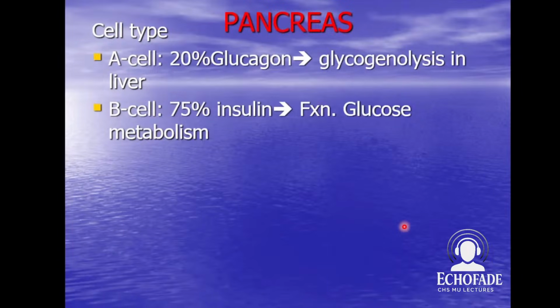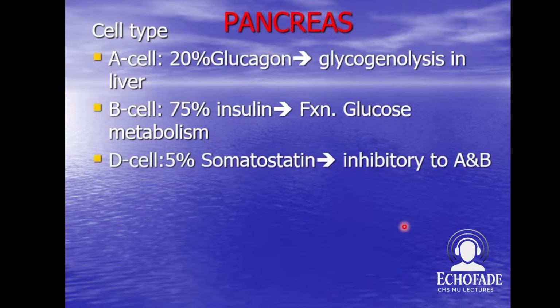This can also occur where we have insensitivity of the cells to insulin. Adequate insulin is produced, but the receptors within the cells are missing. Then it behaves like you have less insulin in the body.